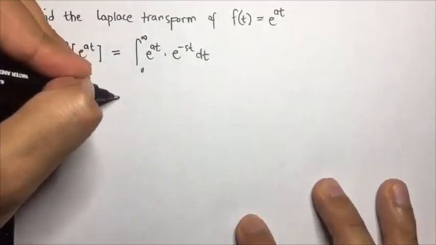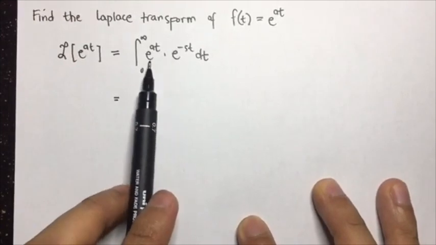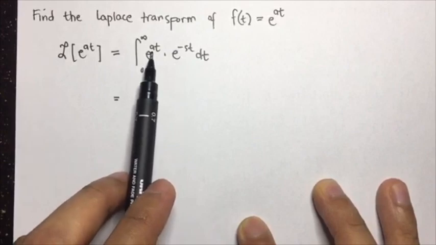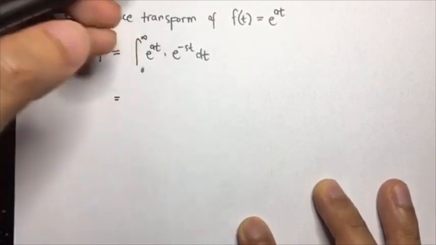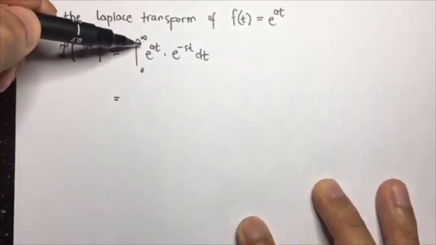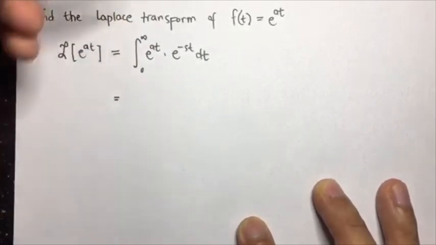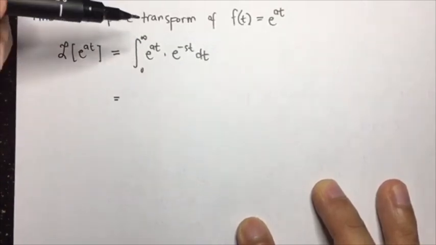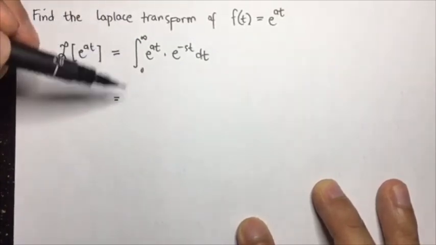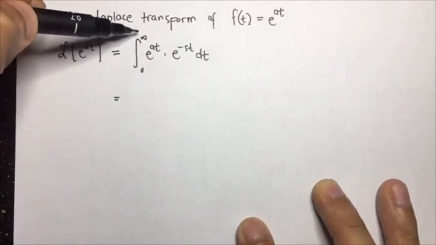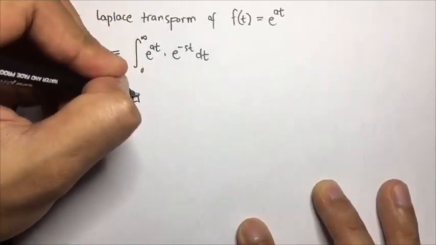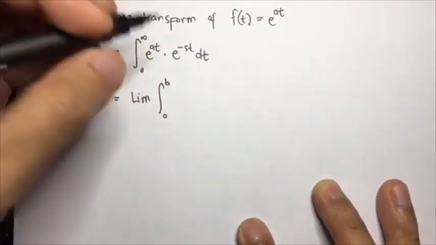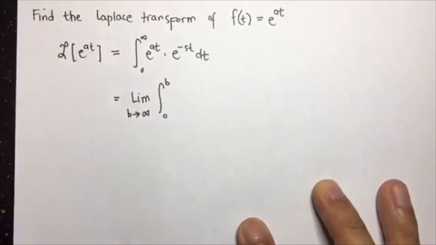Okay, so we can simplify the integrand and combine them. Since this is multiplication, all we need to do is copy the base and then add the exponents. For the limits, since this has an infinite limit, we will replace infinity with another variable and write the limit notation. Since we already have a here, we can use another variable, b. So it is the limit of the integral from 0 to b, as b approaches infinity.